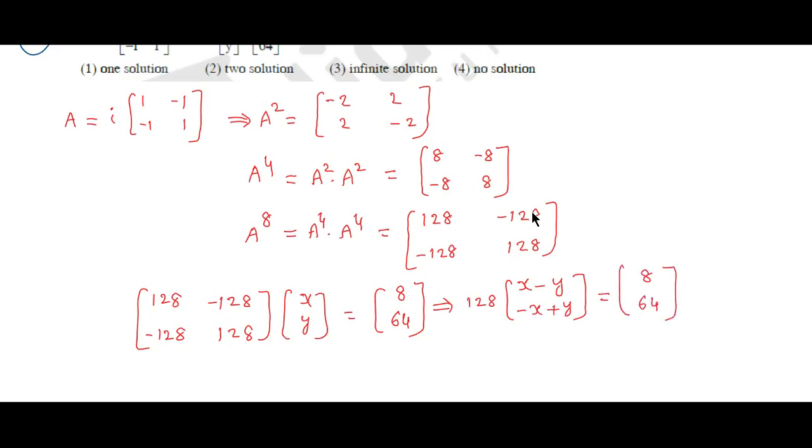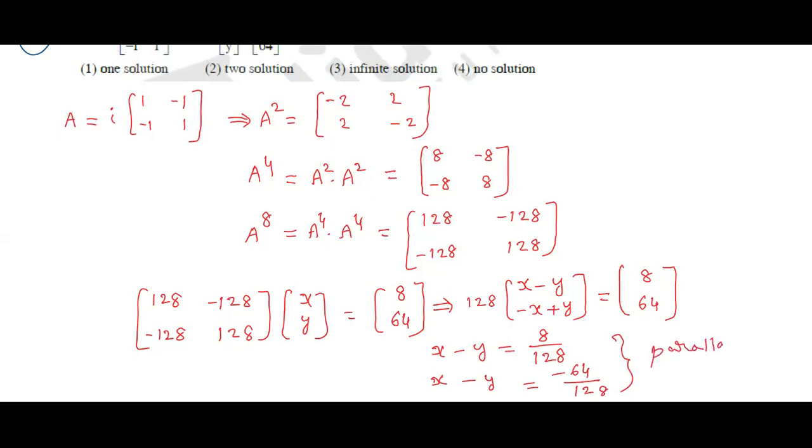Now comparing the corresponding elements, one we get x minus y is equal to 8 by 128. Another one is minus x plus y is equal to 64 by 128, that is x minus y is equal to minus 64 by 128. Here observe that two lines are parallel.